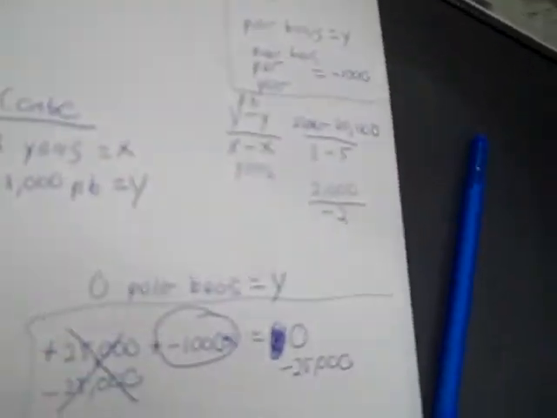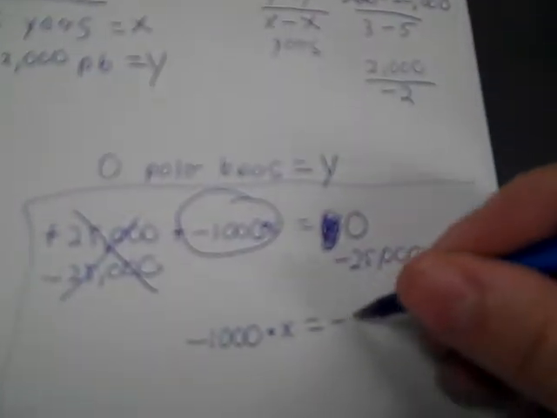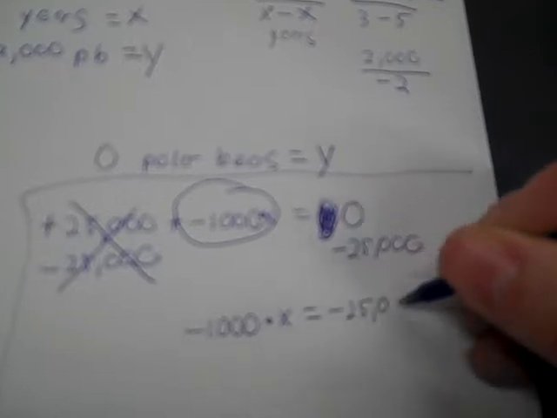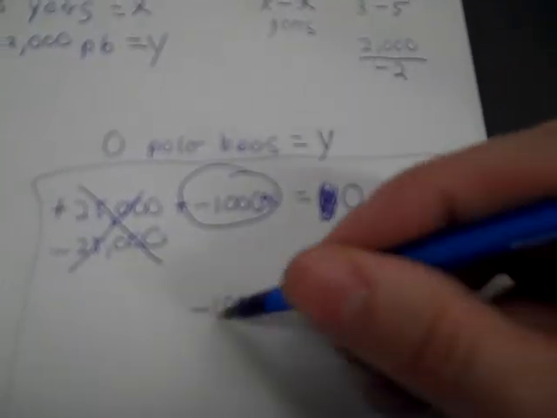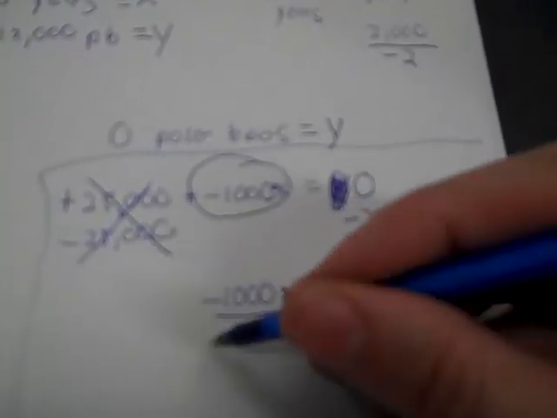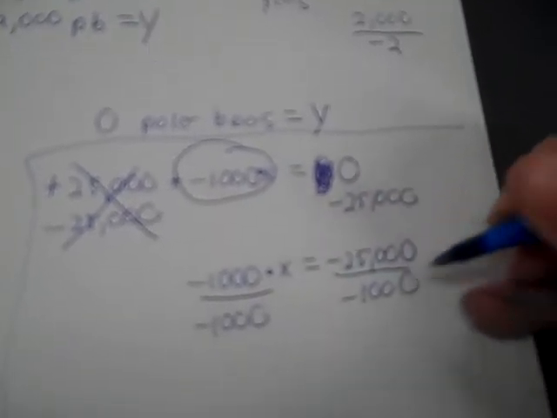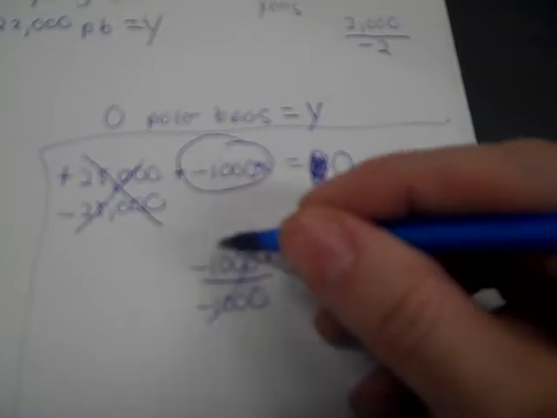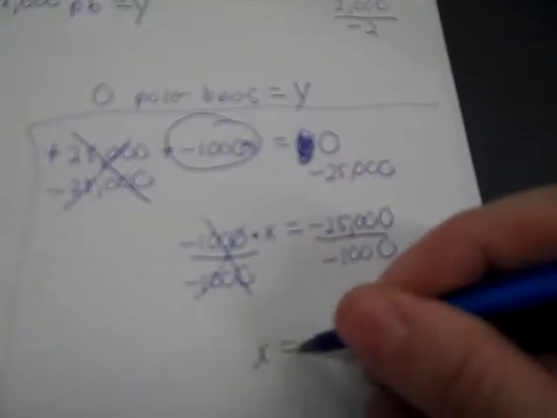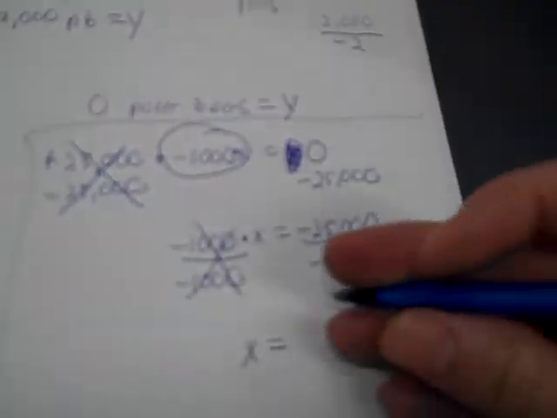Again, all these only are going to have one answer because you don't have any powers. Okay, and then I divide by negative 1,000. And x equals 25. Okay, so 25 years.